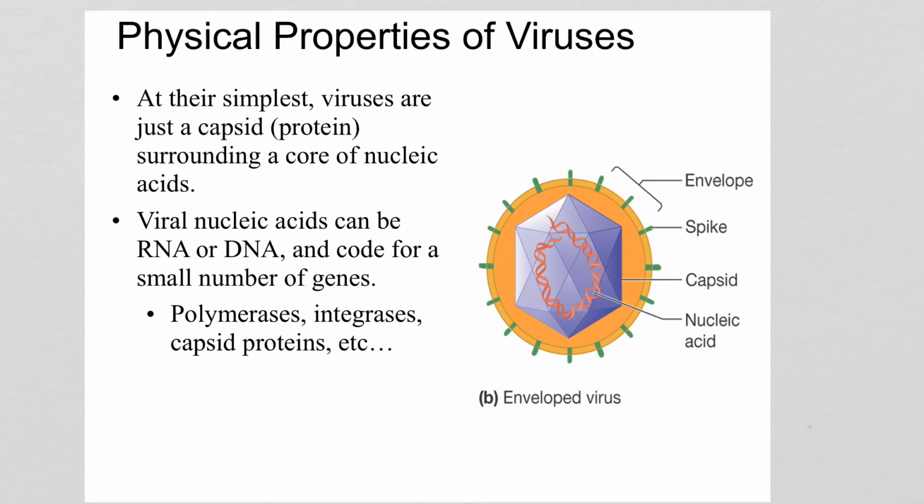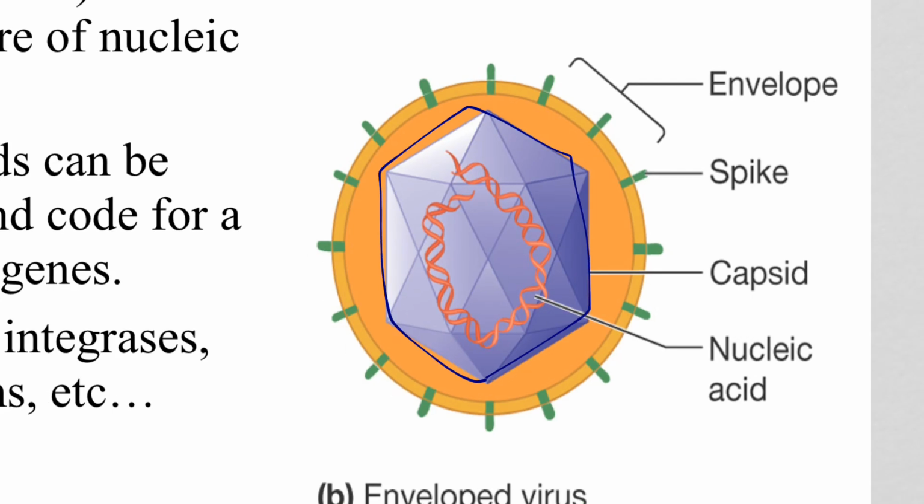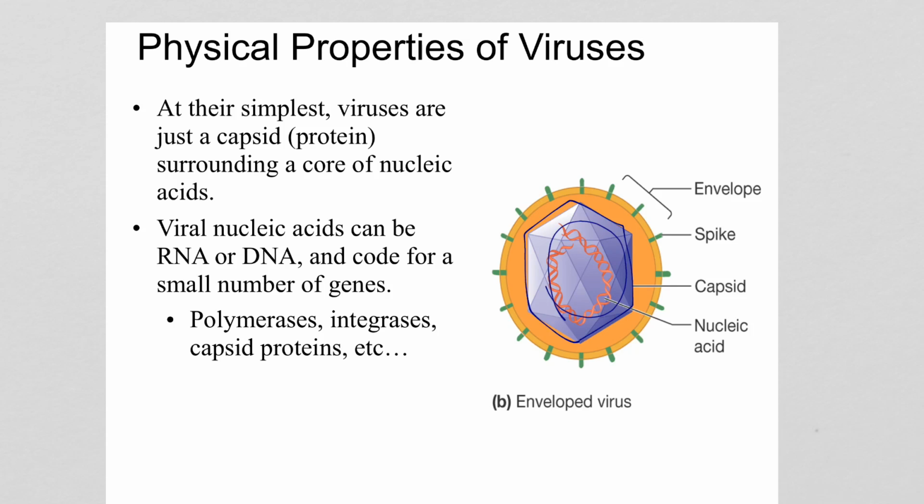All right. And this should also be reviewed from exam 1, but I'll expand on it a little bit. So a virus is made up of, depending on whether it has an envelope or not, 2 or 3 parts. At its bare minimum, a virus is just a capsid, which is sort of a rigid geometrical protein structure, and then at the center of that is a nucleic acid, either RNA or DNA.